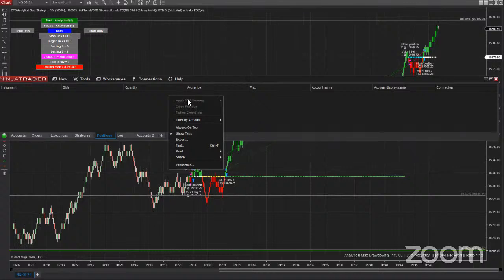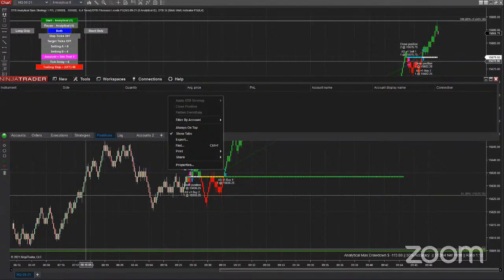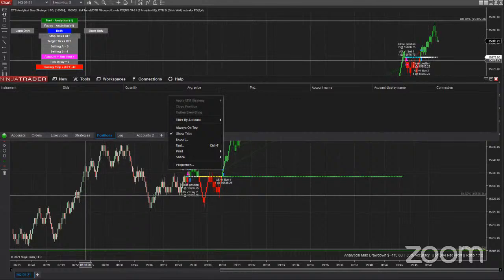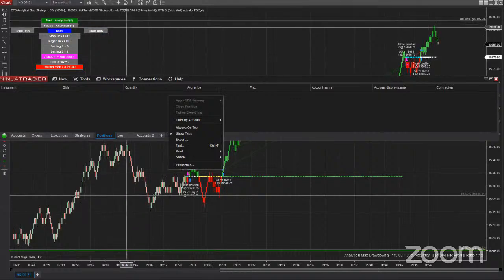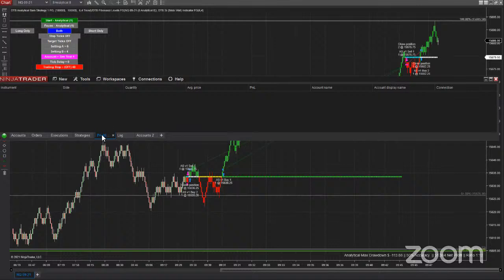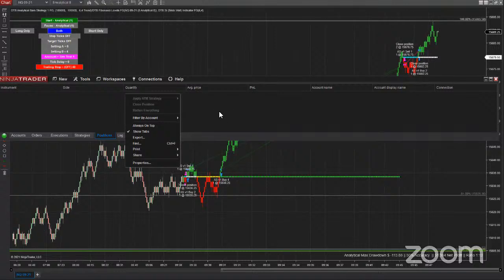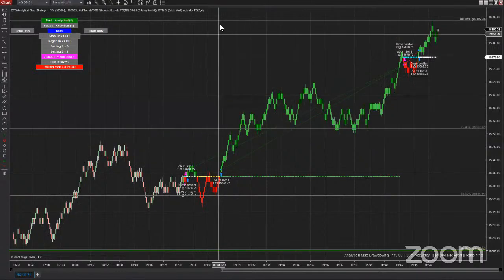So this is if you have an order open that's unprotected, so it's got no stop and no target. So if ever you have an order open that's got no stop and no target, you can click on the positions tab, right click on that position and go apply ATM strategy, and then just select any ATM strategy that you want to assign to that position.